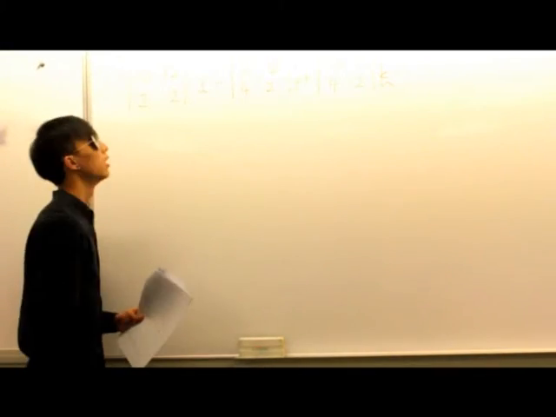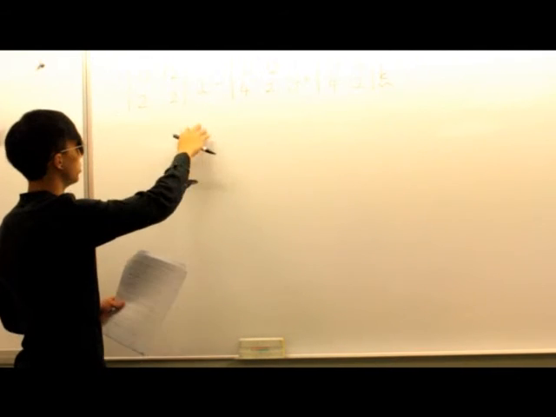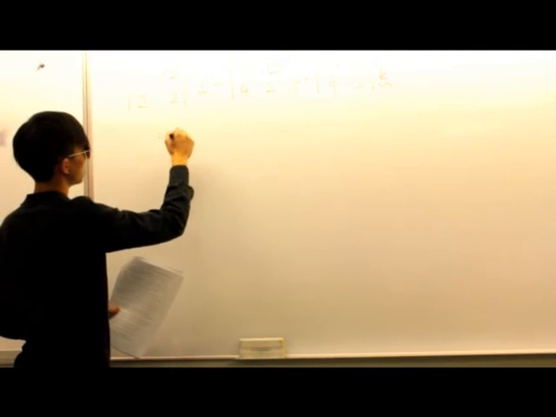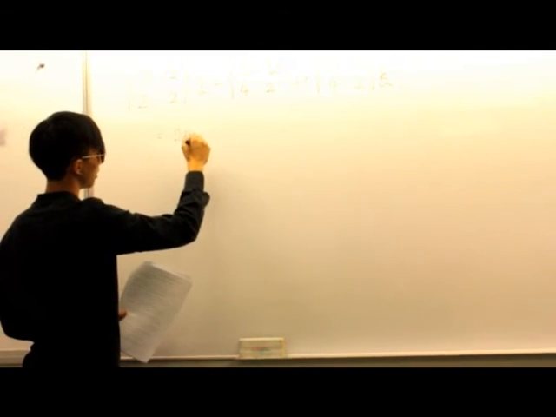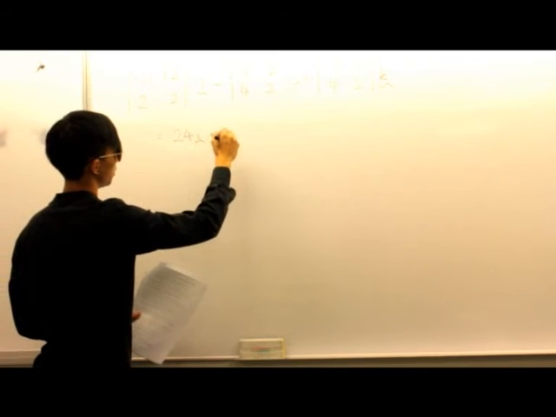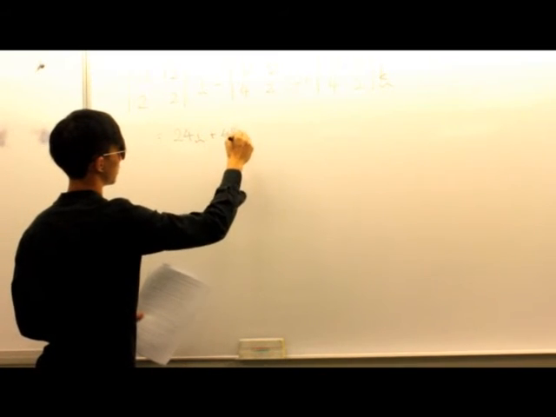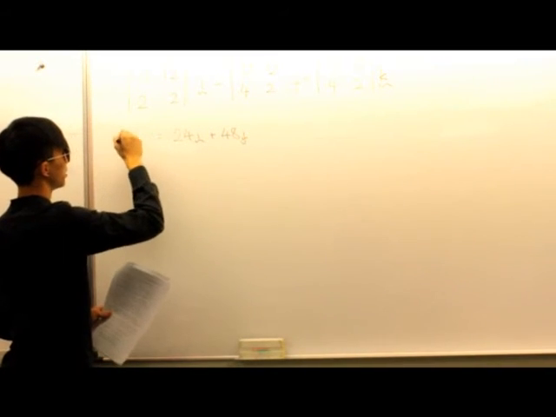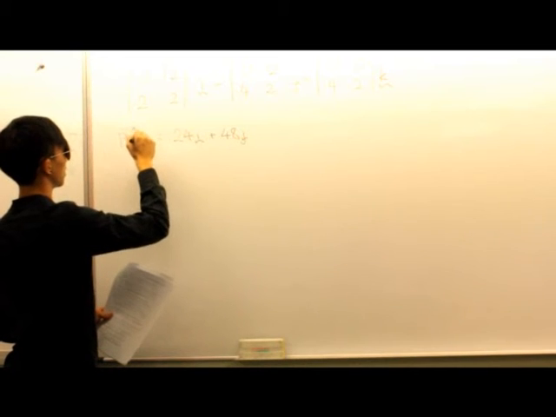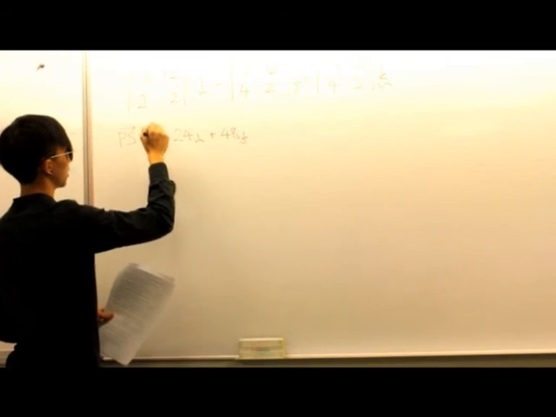Welcome back. When you evaluate this, you should get the answer to be 24i plus 48j. And this is PS cross V.